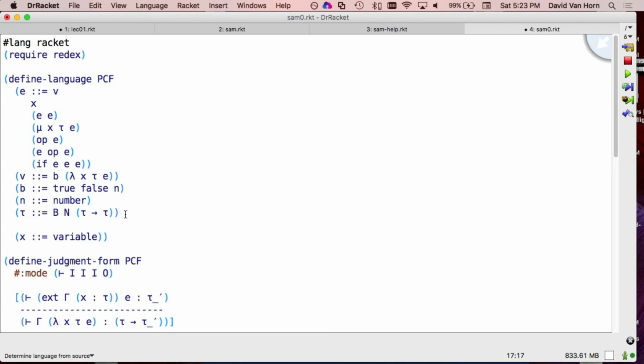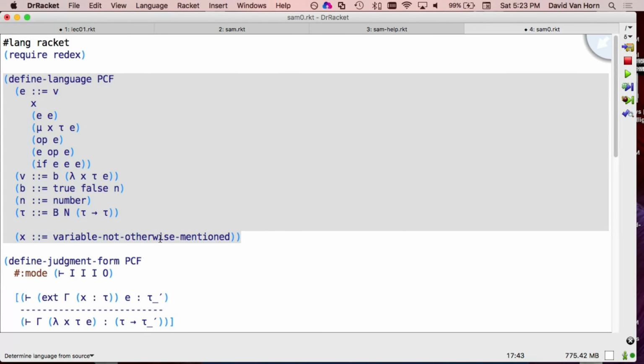But that will include a bunch of things that I don't actually want to be variable names in my language. Like I don't want you to be able to name a variable lambda or if or mu. So I can say variable-not-otherwise-mentioned.